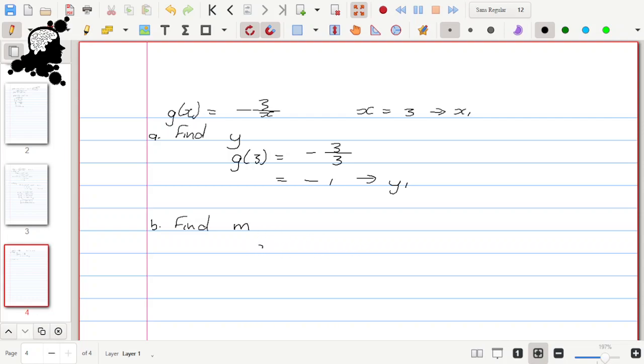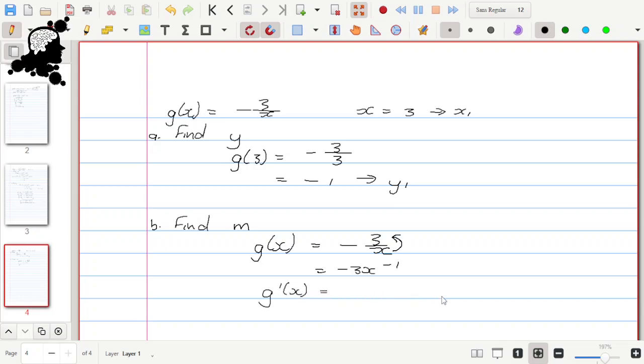So, before we write down the first derivative, let's just write the original equation first. Then what we do is we need to take our x to the top because we cannot work with x being a denominator. This is going to give us negative 3x to the power minus 1. Now, we need to find the derivative here.